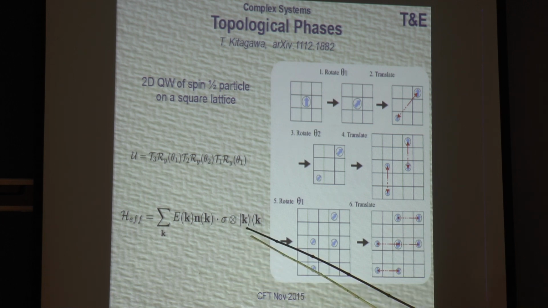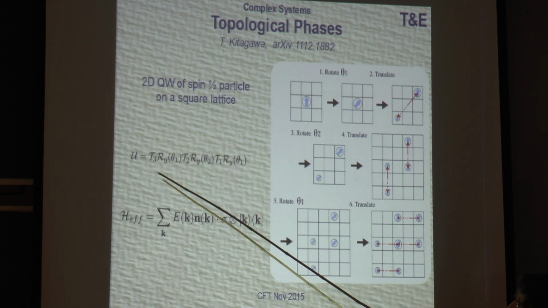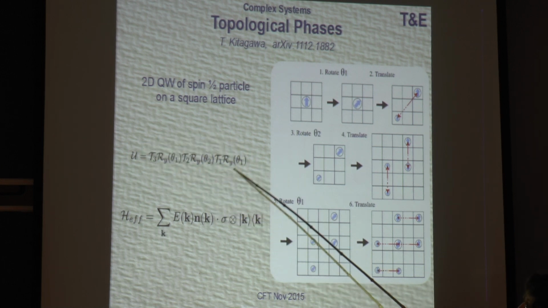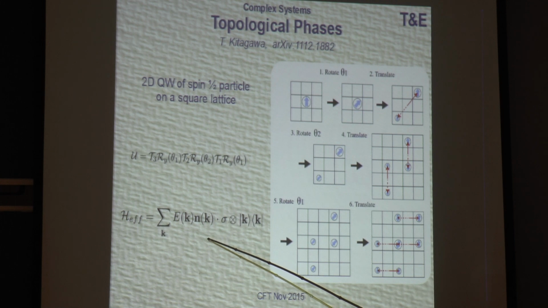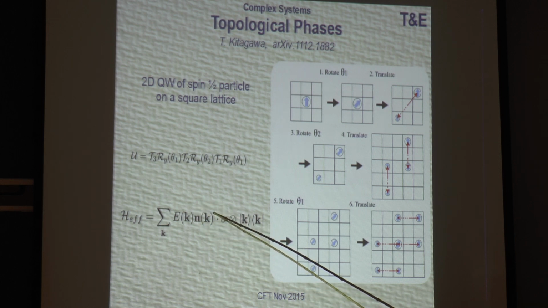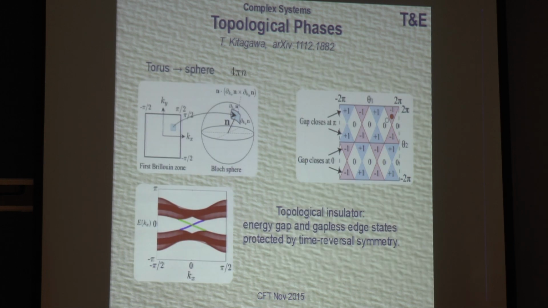In this way, this unitary transformation implements effectively the following Hamiltonian. And the whole mystery of this non-trivial topology is hiding in this vector n, which is the quantization axis for momentum k. In this way, this vector n maps the first Brillouin zone in the form of the torus to the Bloch sphere. A small piece is mapped onto a small piece.